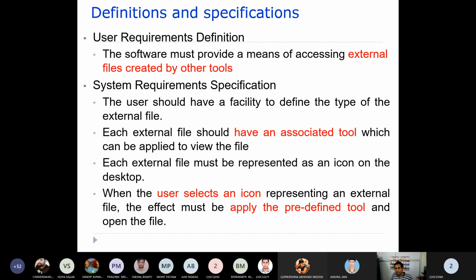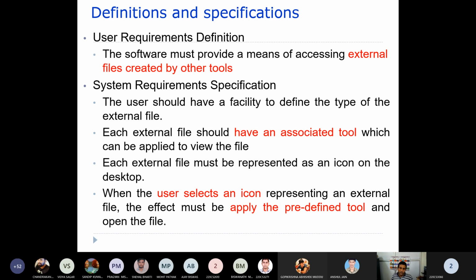Each external file must be represented as an icon on the desktop. If it is a PDF, the file should get some sort of icon. If it is a doc, the file should get a different icon. When the user selects an icon representing an external file, the effect must be to apply the predefined tool and open the file.